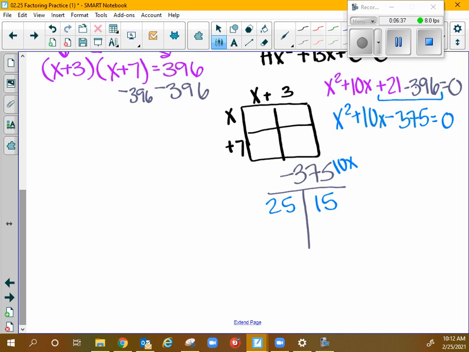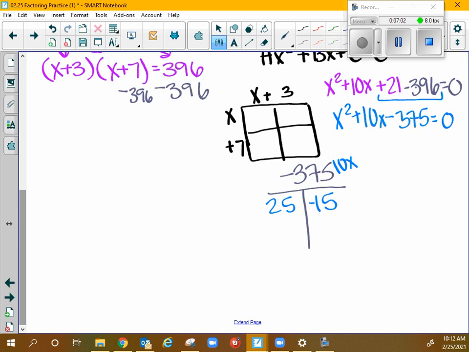A couple of things to think about when you're trying to find the factors: you really have to think about what the sum is. If my sum is 10 and I'm dealing with this huge value, I'm going to need the middle of the range factors.